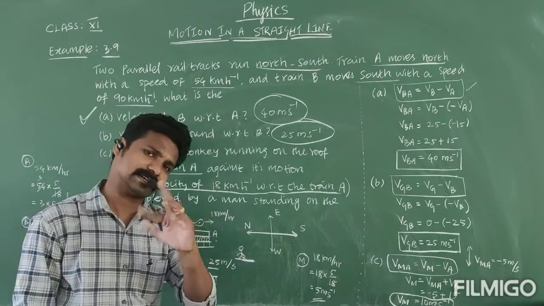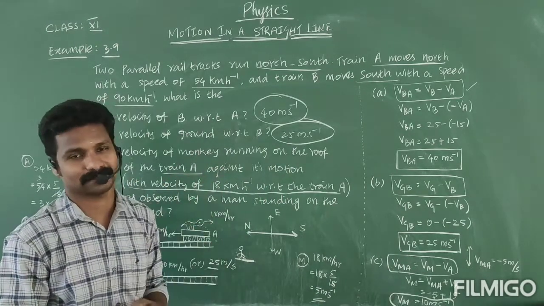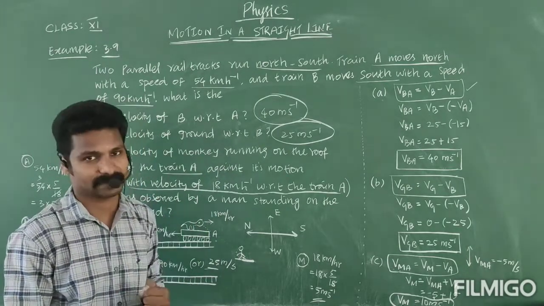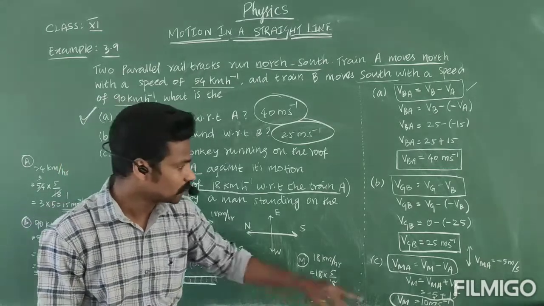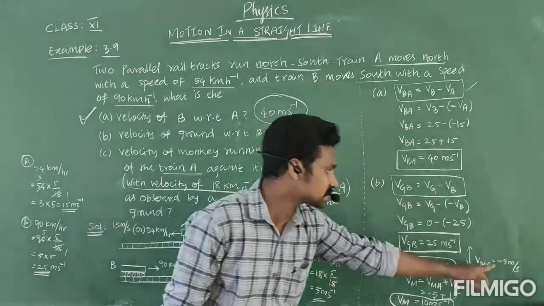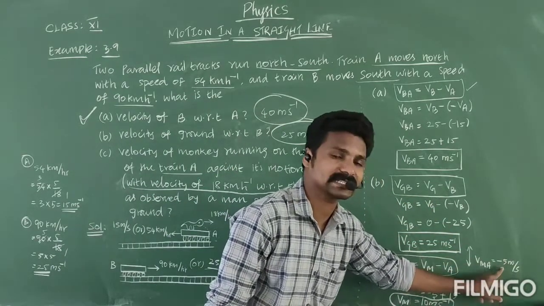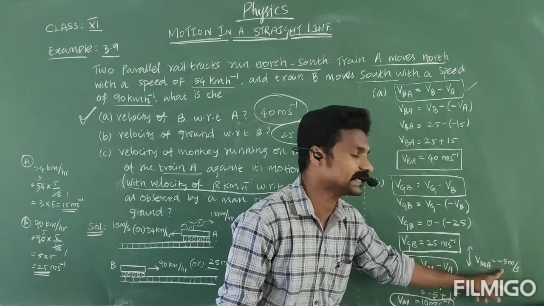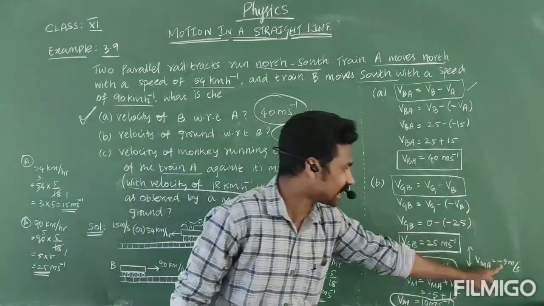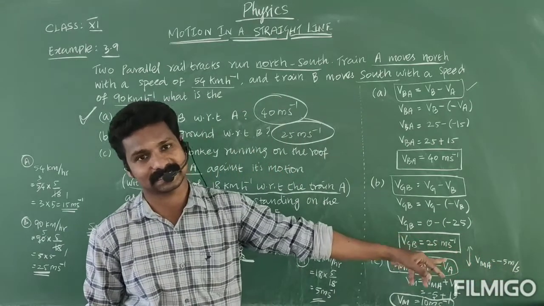Now will the train's velocity be more, or the monkey's velocity be more? So absolutely you know the train velocity is more compared with the monkey. So here Vm minus Va is there. So that Vma, that is velocity of monkey with respect to train A, should be opposite to the train A. So I can write minus 5 meter per second.